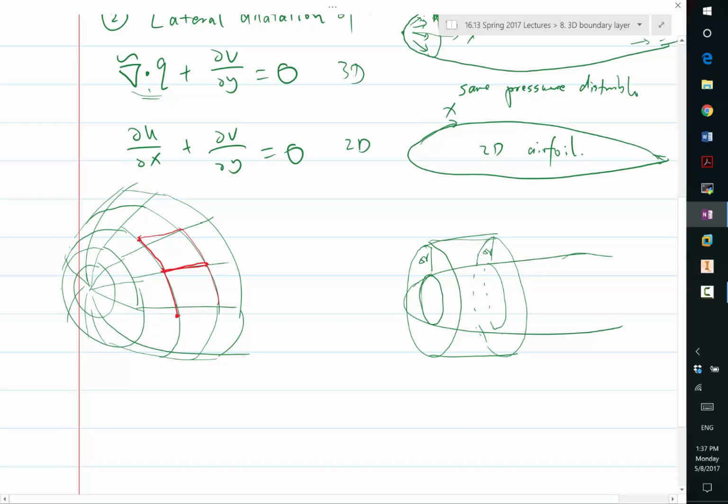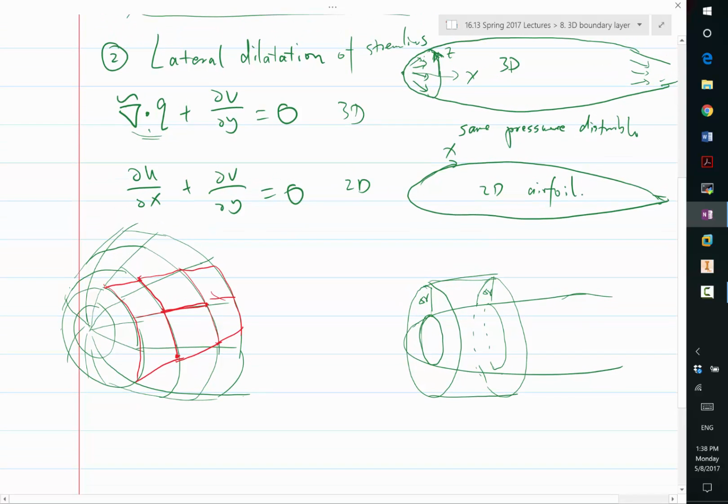So your coordinate has to be like that, and when you move further downstream, it has to be like that. So your coordinate has to be something like this. It can no longer conform, so your z direction can no longer conform to these perfectly axisymmetric lines.